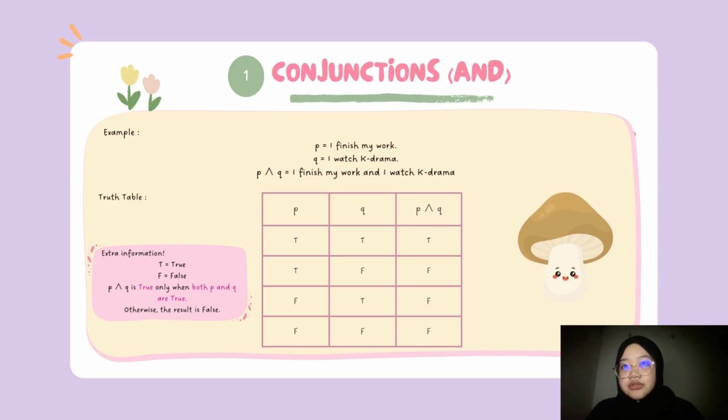The same goes for rows 3 and 4. There will be false for both rows and the result will be false. So, in conclusion, the AND connective requires both statements to be true for the whole statement to be true.